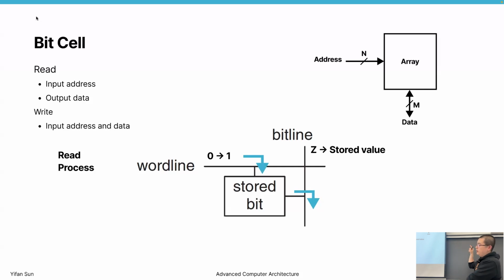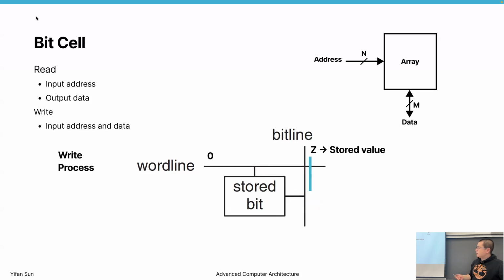If we set the word line to 1, it's actually broadcasting to all the bit cells. So all the bit cells are enabled, and their voltage will pass to the bit line. Then if we sense the bit line, we know whether the output is 0 or 1.